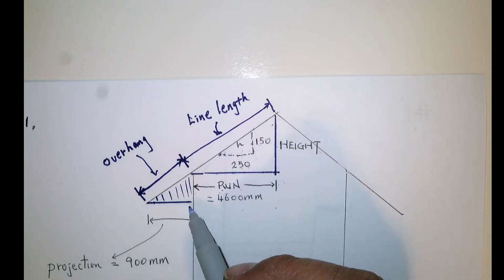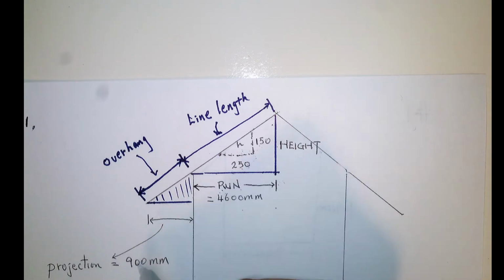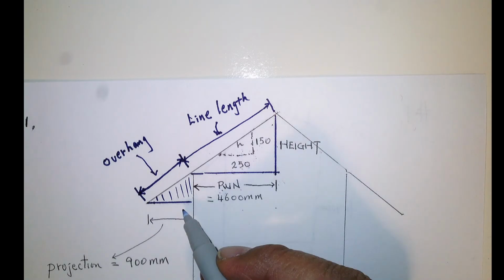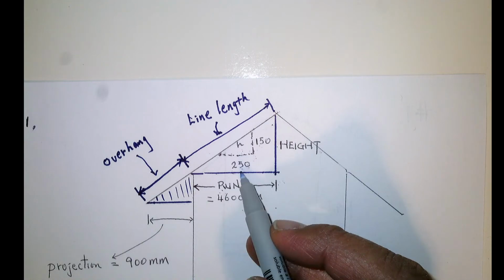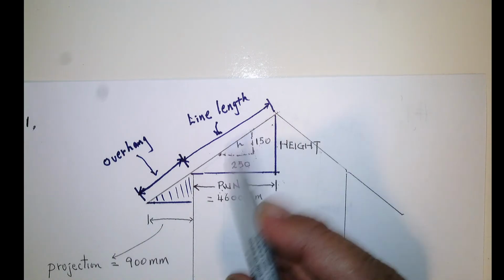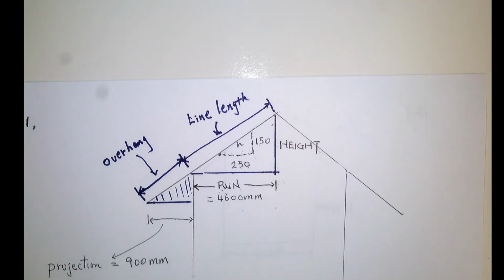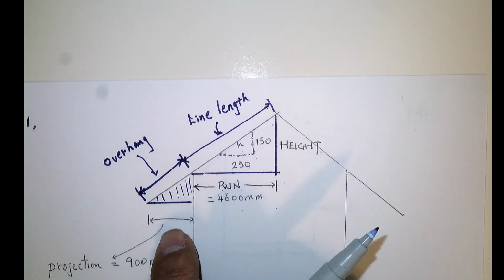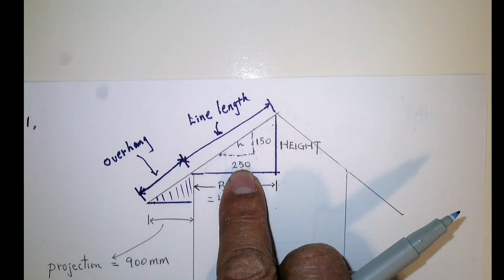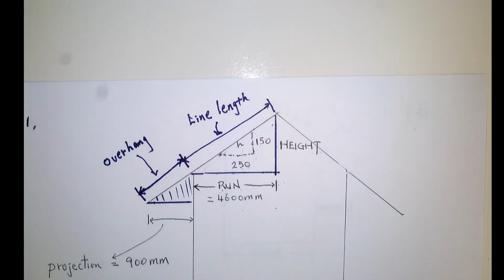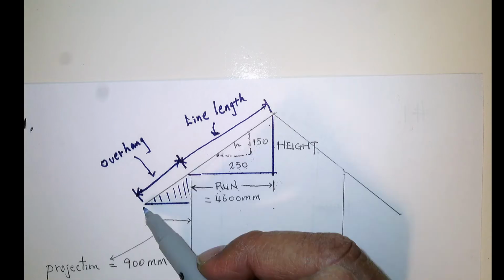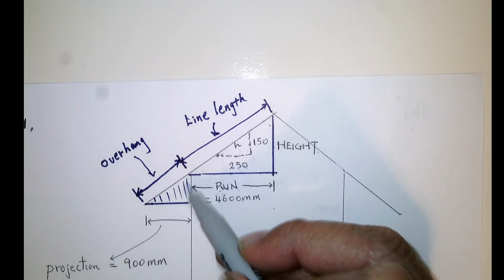So we're going to find out how much increase comparing 900 to 250. Then the number of times increase should also apply to the hypotenuse, which is calculated as 291.55. We multiply that result by 291.55, and that would give us the overhang. The overhang is the hypotenuse of this triangle.